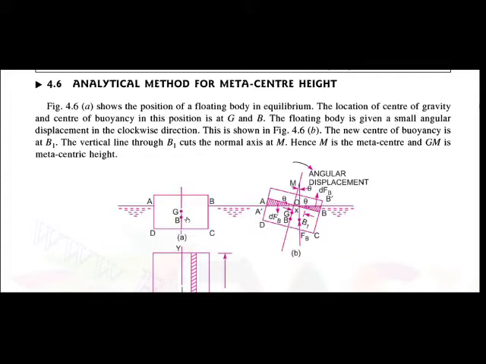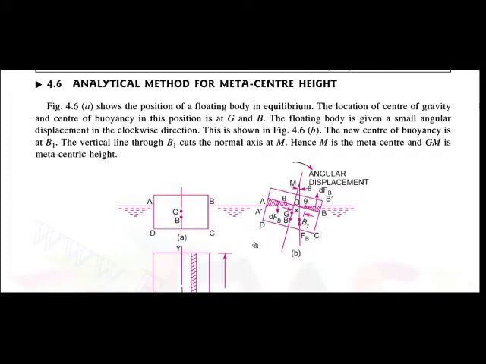Then the floating body is given a small angular displacement in the clockwise direction. If we apply some force on the right side of this body, that is, an angular displacement is given to the body, then this body starts oscillating and it is tilted in the right side direction.